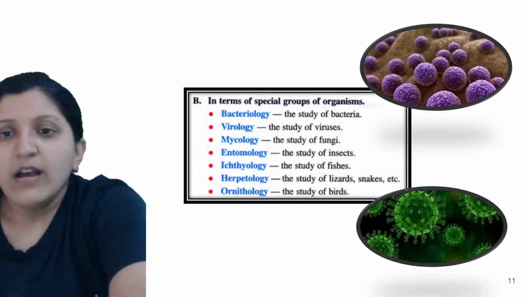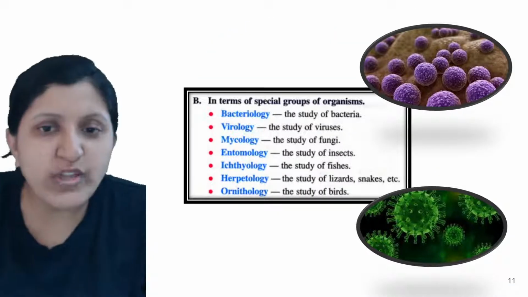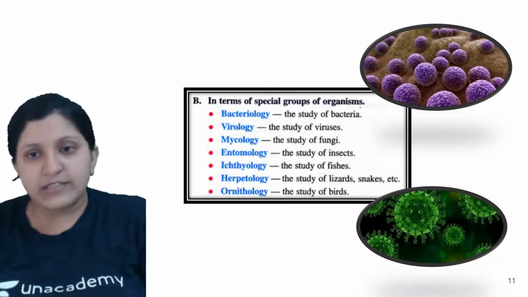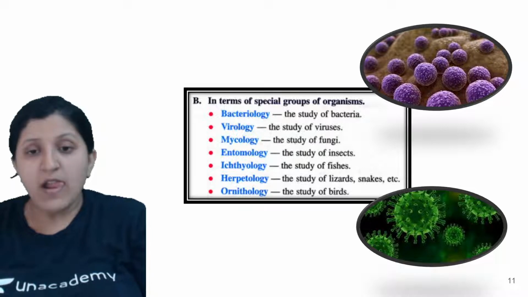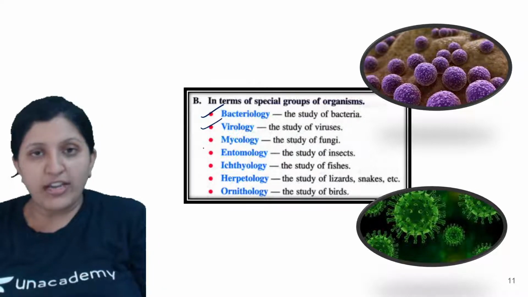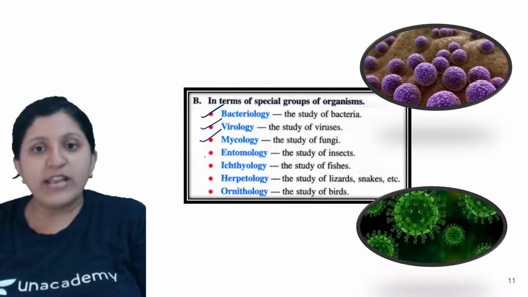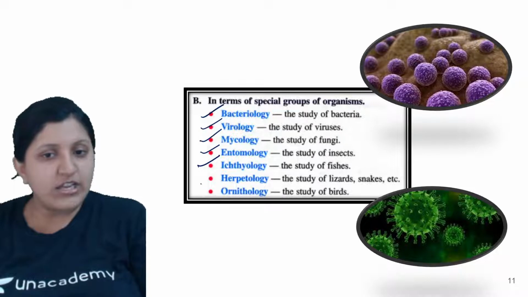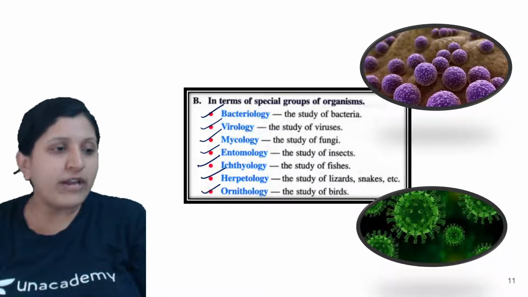All right, so moving on to the next one, that is in terms of special groups of organisms. Okay, so there is bacteriology, virology, mycology, entomology, ichthyology, herpetology, and ornithology.